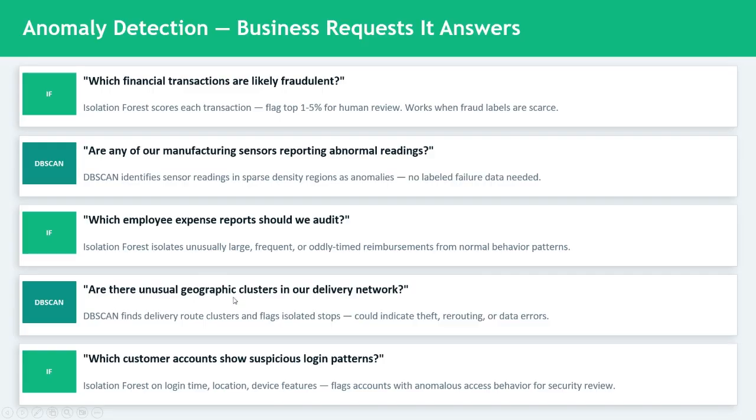Are there unusual geographic clusters in our delivery network? This is a question more of how these clusters look, and now we're considering an entire cluster to be anomalous. DBSCAN finds delivery route clusters and flags isolated stops that could indicate theft, rerouting, or data errors. Even if it's a regular patterned behavior, it doesn't mean it is not anomalous.